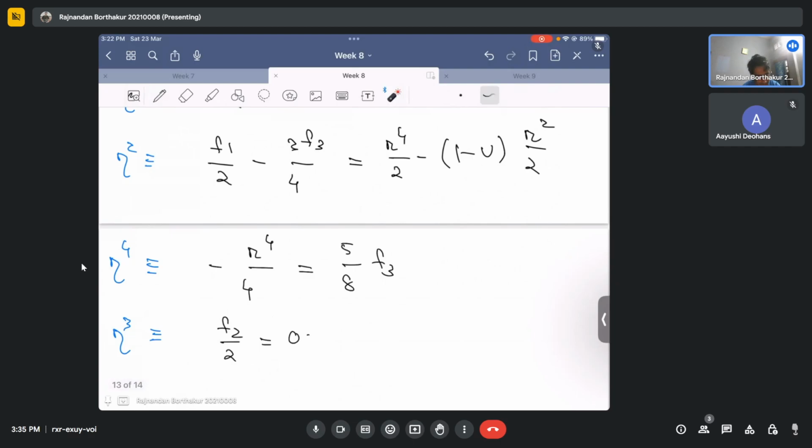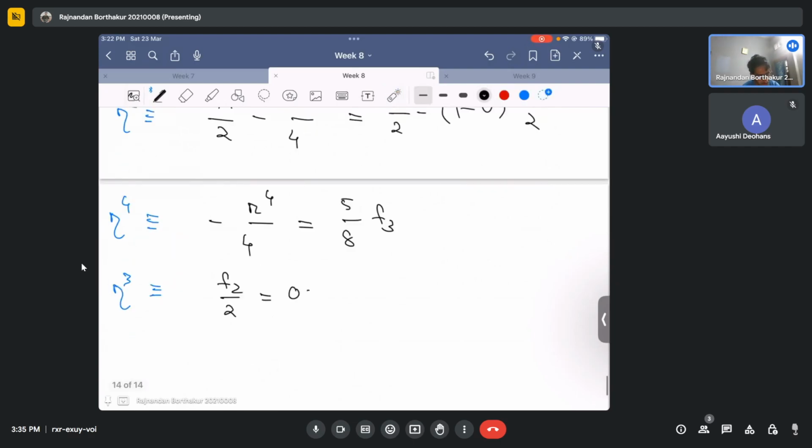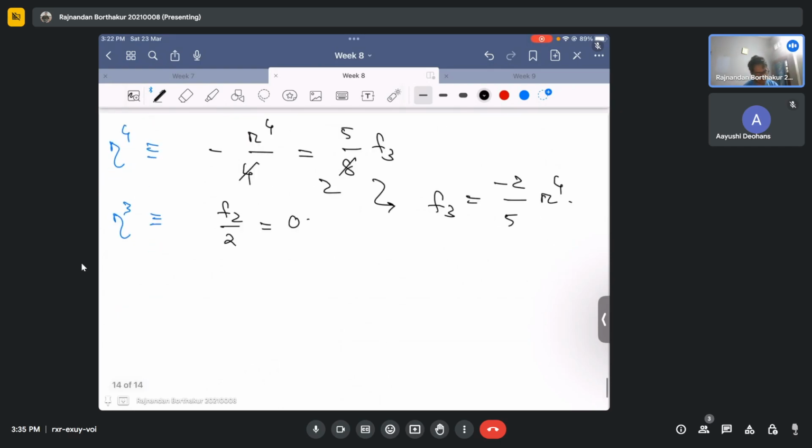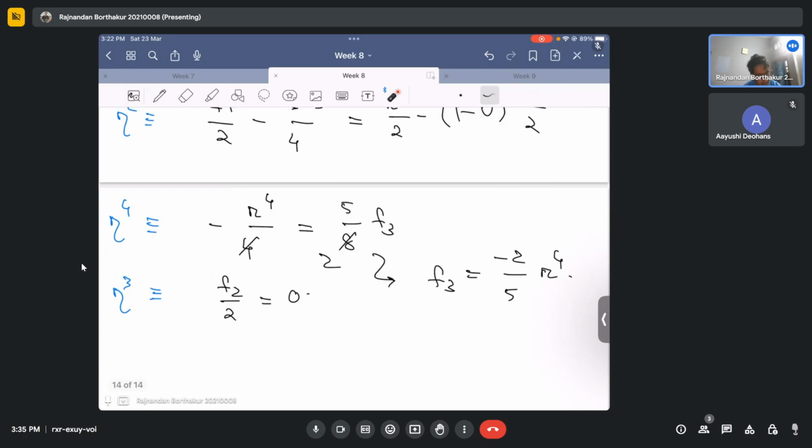So by comparing the coefficients of eta power 4, we can conclude that f3 is equal to minus 2 by 5 r power 4. Just by evaluating this term, we can say that f3 is minus 2 by 5 r power 4.